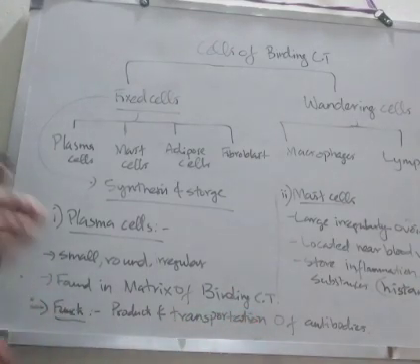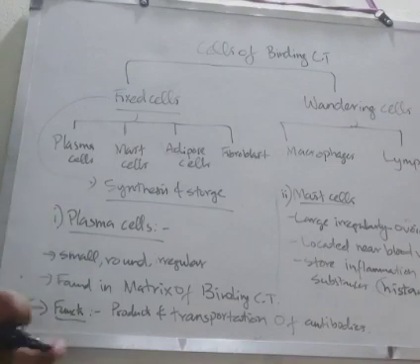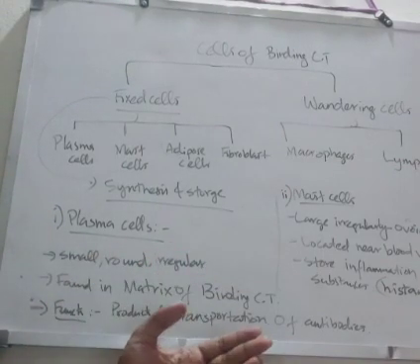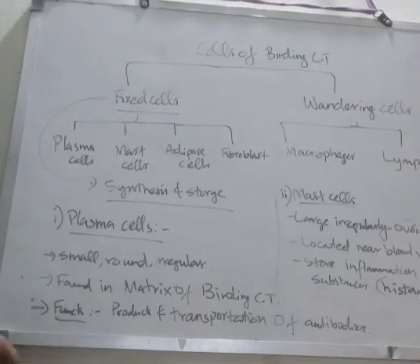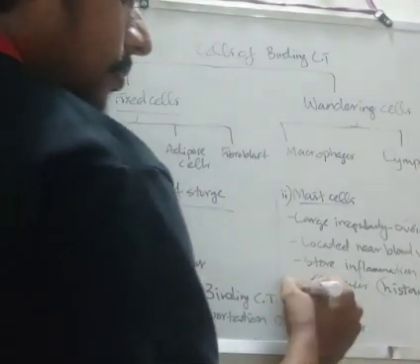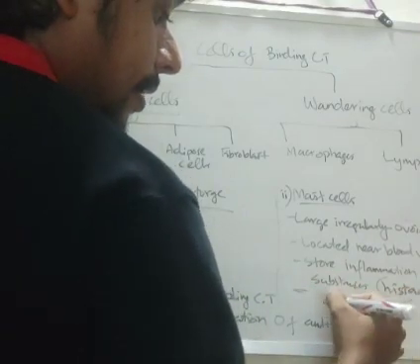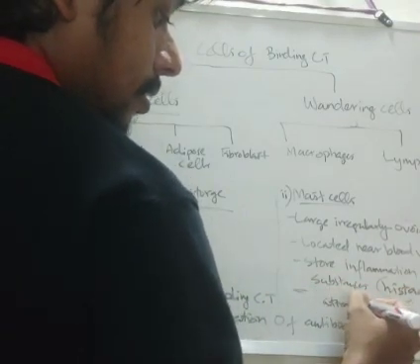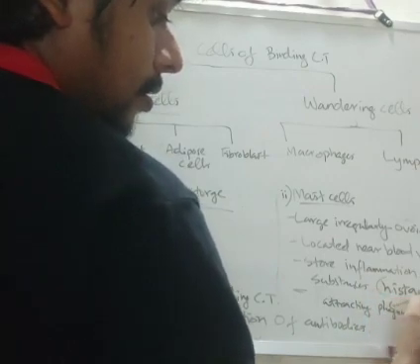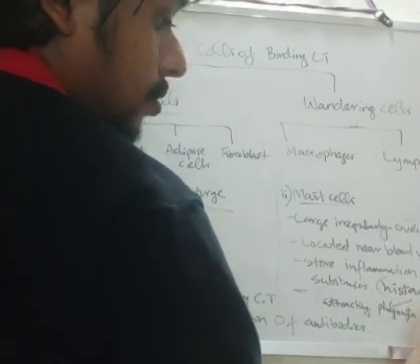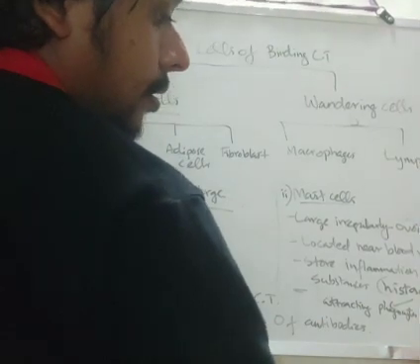And what is the function of this histamine, this inflammation producing substance? Histamine helps in body defense by attracting phagocytes to the injured tissue.